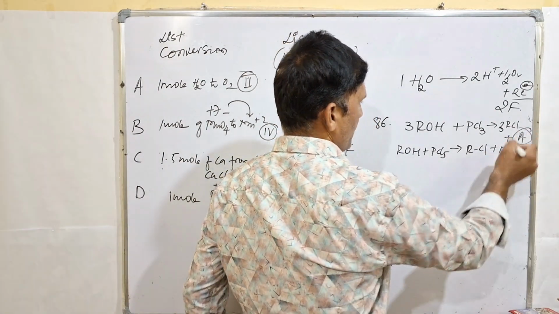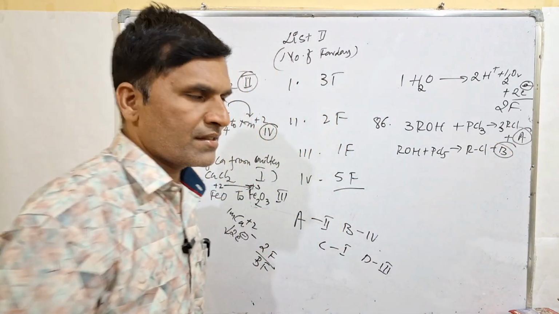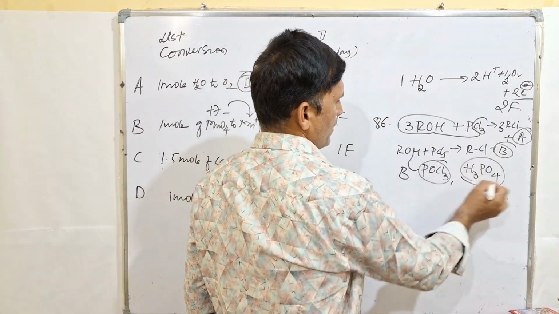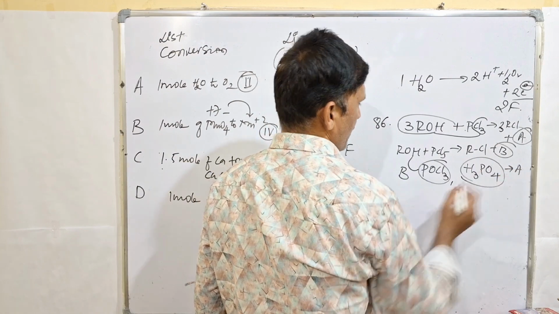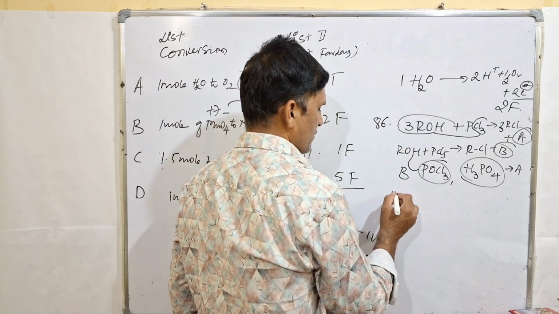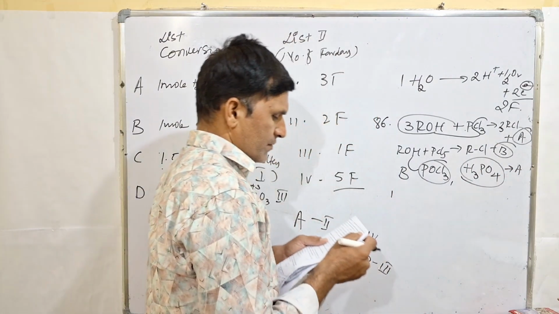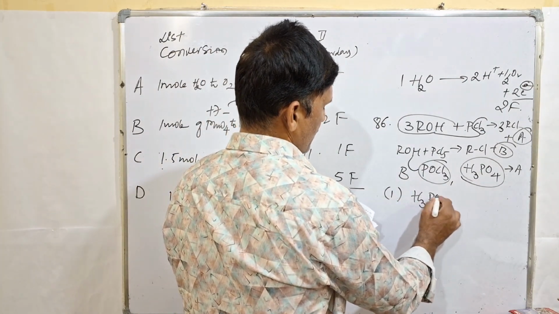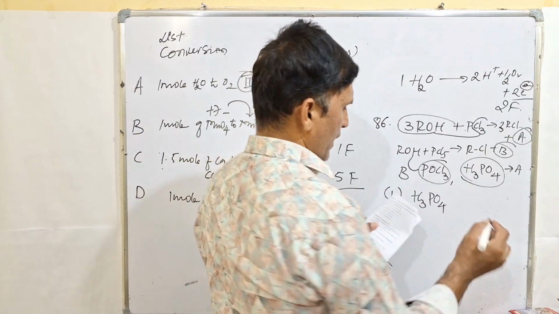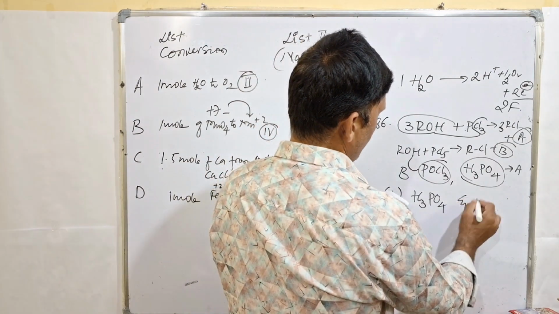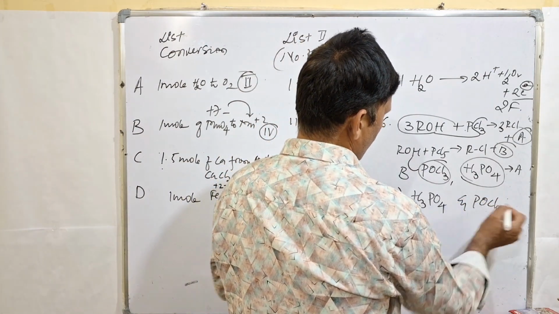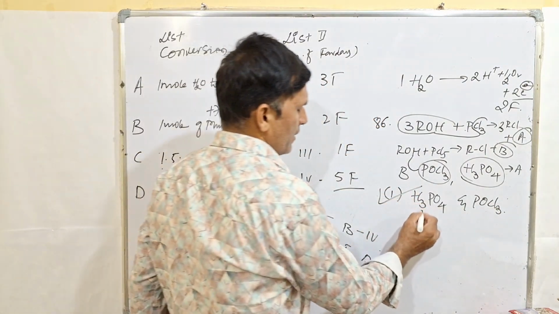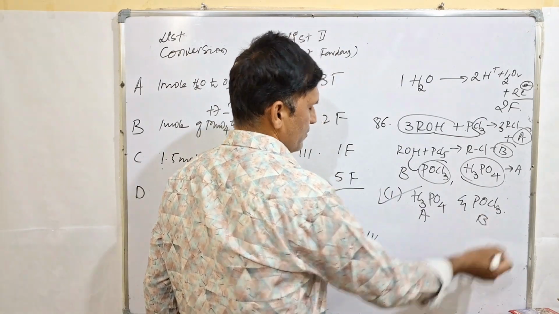What are A and B, they are asking. Okay, it is very interesting. POCl3 we are going to get as B and H3PO4 as your A. So the right option given in the question paper is H3PO4 and POCl3. So that is the first option. This is your A and this is your B.